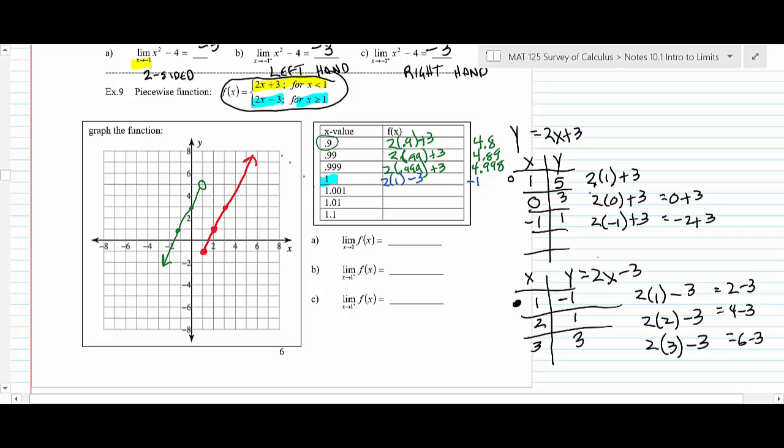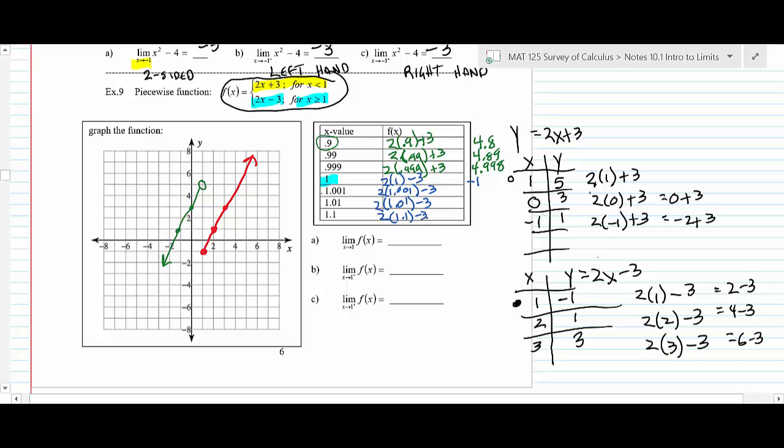Now we're going to do the same thing. All of these numbers are bigger than 1, aren't they? Okay, 1.001 is bigger than 1, so where do you plug in, top or bottom? Bottom, because that's what it says. So what you have to do here is 2 times 1.001 minus 3, and the rest of them you do the same way. Then we'll crunch those out and see what's happening on this graph now.